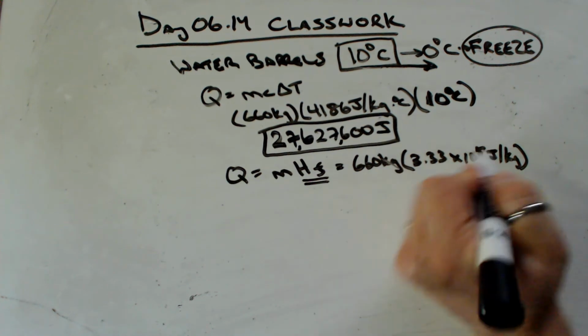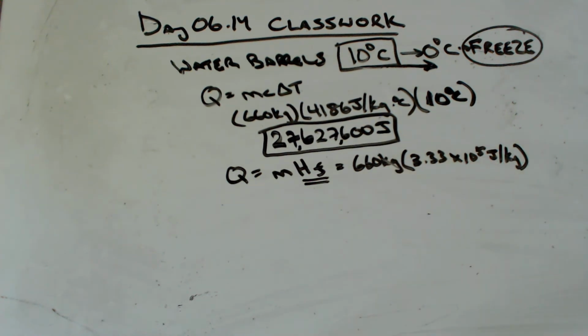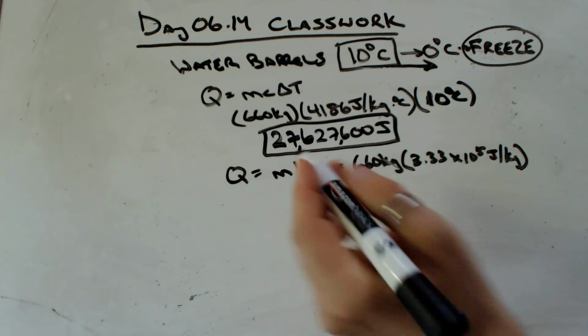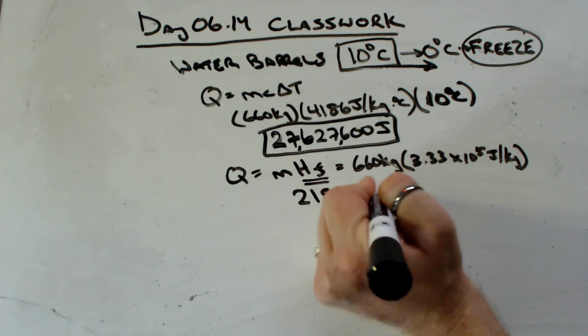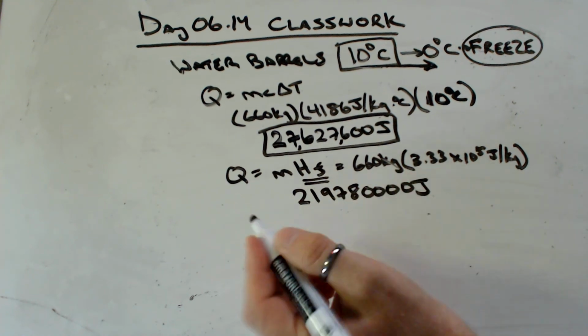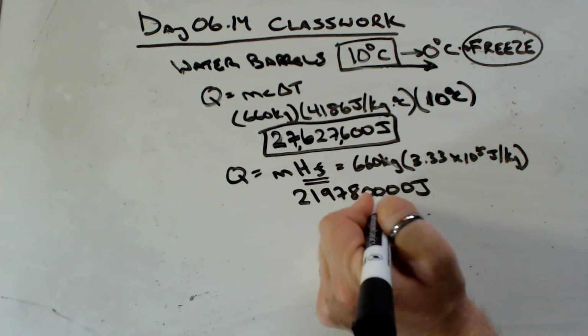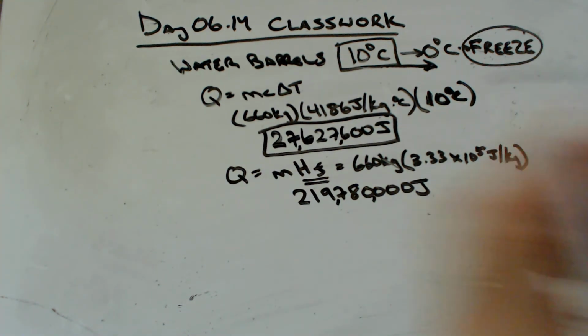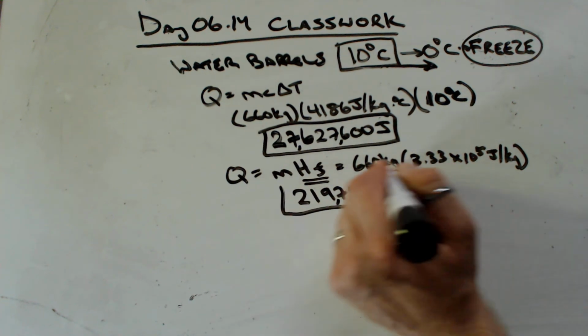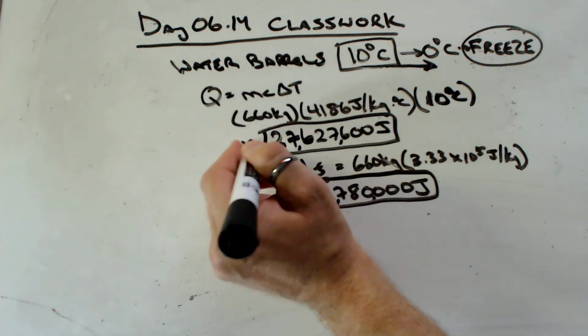That will also cancel out the kilograms, and you'll be left with a number in joules. 660 times 3.33E5, and you get another large number: 219,780,000 joules.